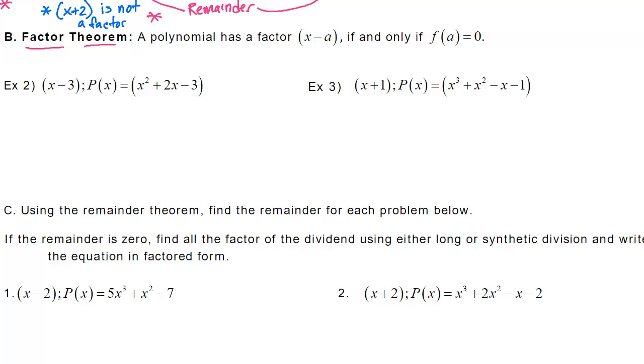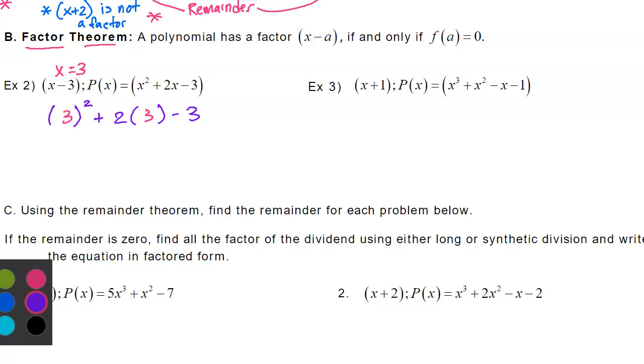So let me go ahead and try it. What I'm going to do is plug my root into my polynomial and figure out if there is a remainder or not. So again, here my root is 3. So I'm going to take 3 and plug it into my polynomial. 3 squared is 9. 2 times 3 is 6, minus 3.